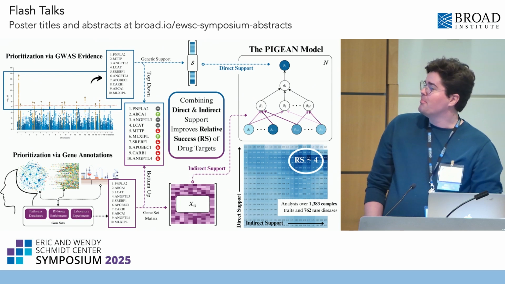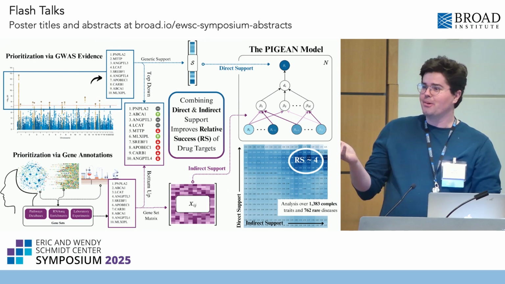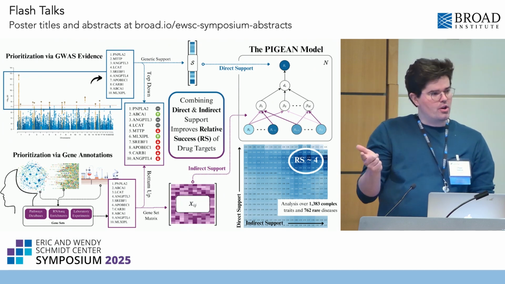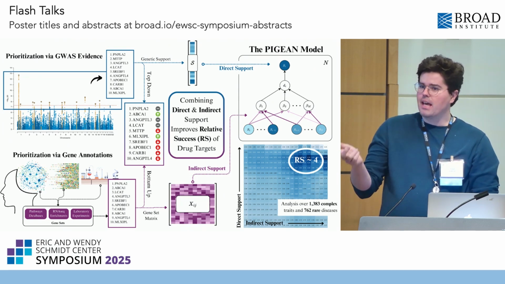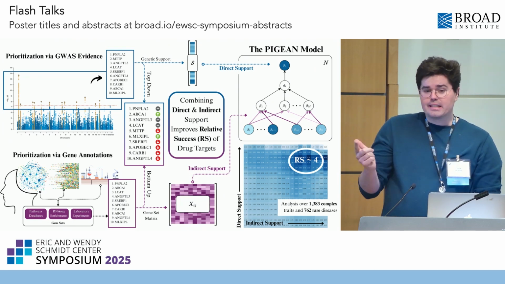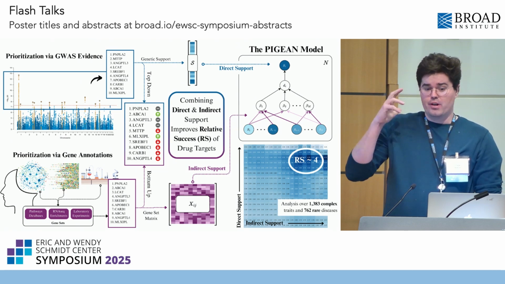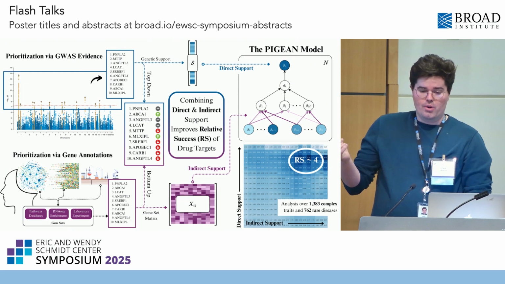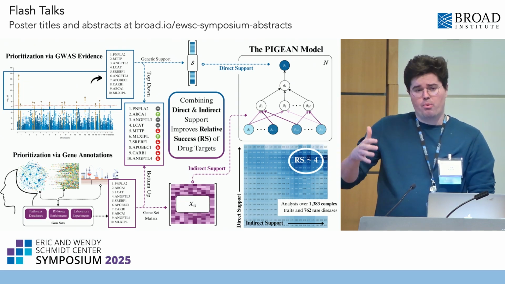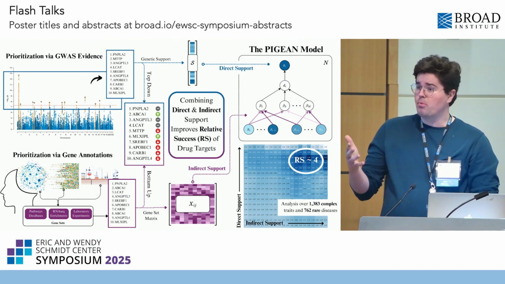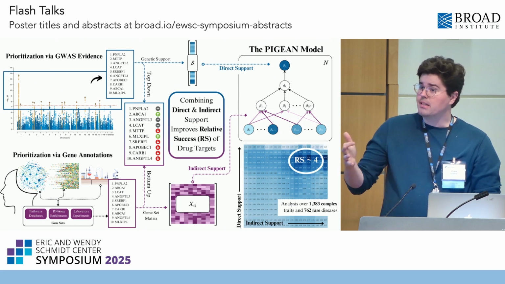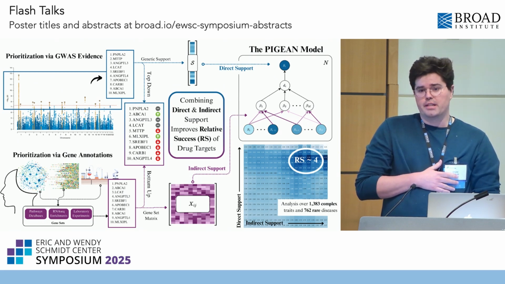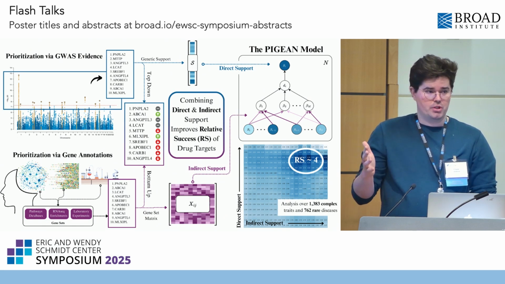So what I'm going to reemphasize here is we heard earlier in our talk this morning that 90% of drug targets fail. But one of the things that genetics actually provides is, for instance, if you use GWAS data, Eric Minikel here at Broad showed that GWAS-supported drug targets and genetic-supported drug targets actually increased the relative success of drug targets in a clinical setting by almost a factor of 2.